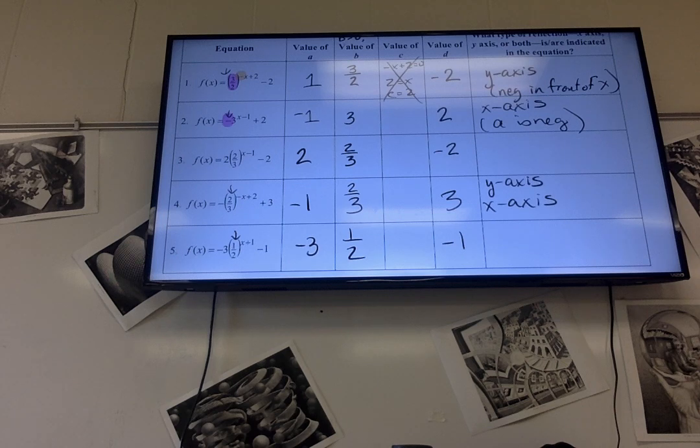Number 5 has this x right here in front of the b. So it also flips across the x-axis. So number 3 actually doesn't have either one of those. It doesn't reflect.